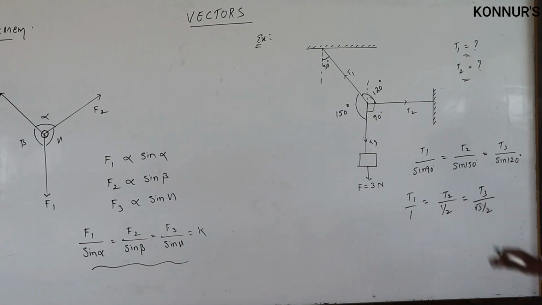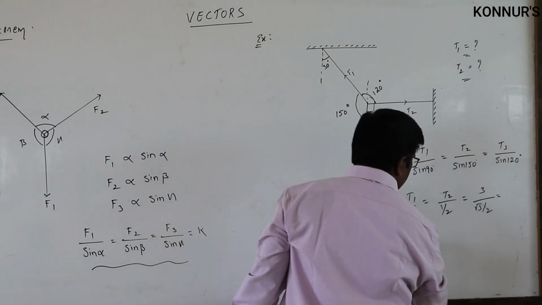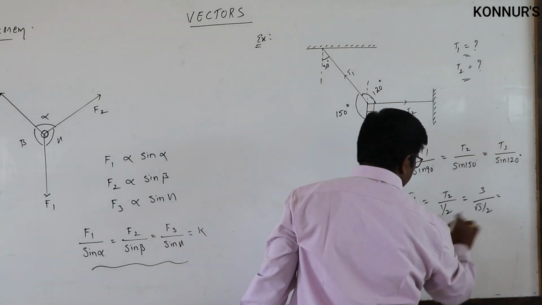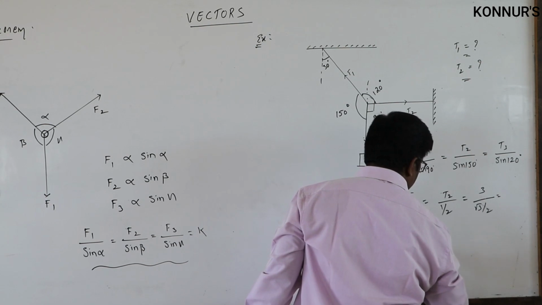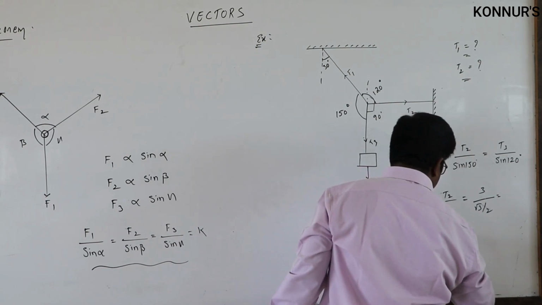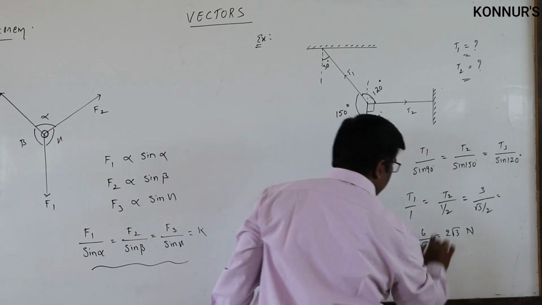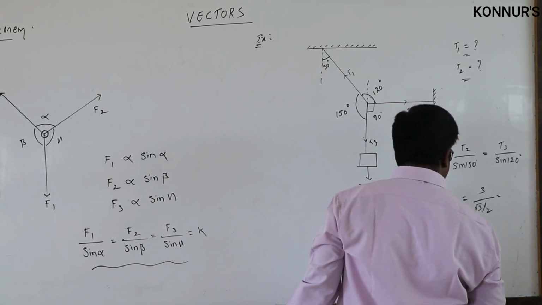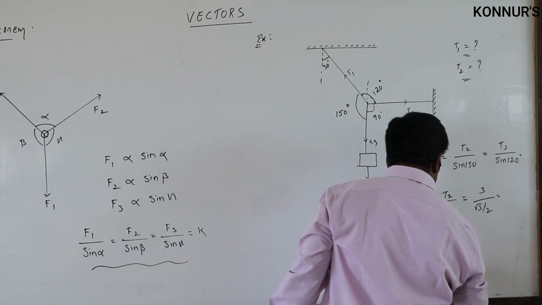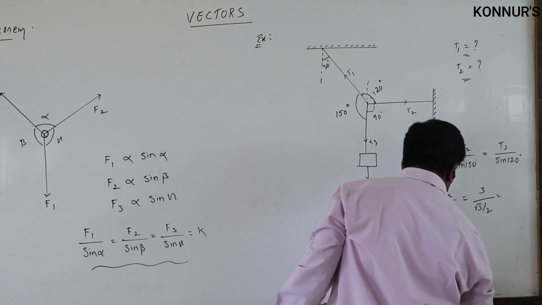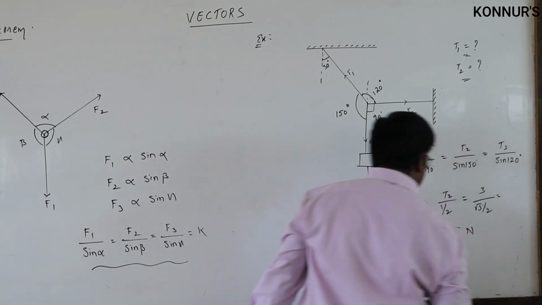And we know T3. T3 is nothing but 3 newtons. So I am substituting that. Then T1 equals 6 by root 3, that is 2 root 3 newtons, and T2 equals 2 by root 3 newtons.